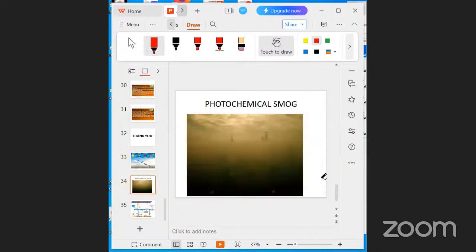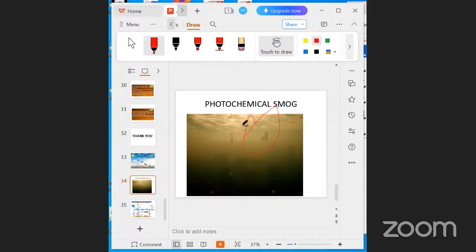First, what is smog, or what is photochemical smog? Smog is air pollution that reduces visibility, right?